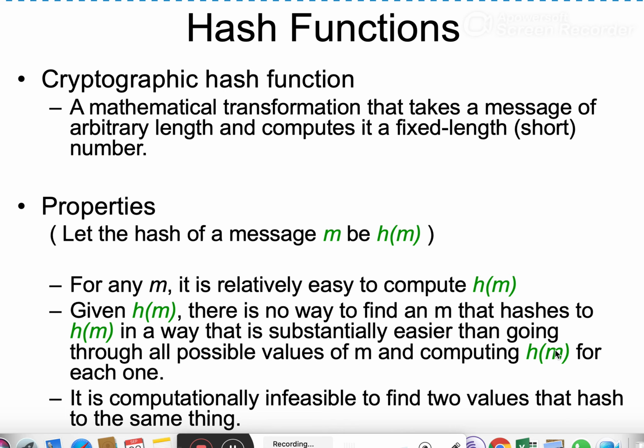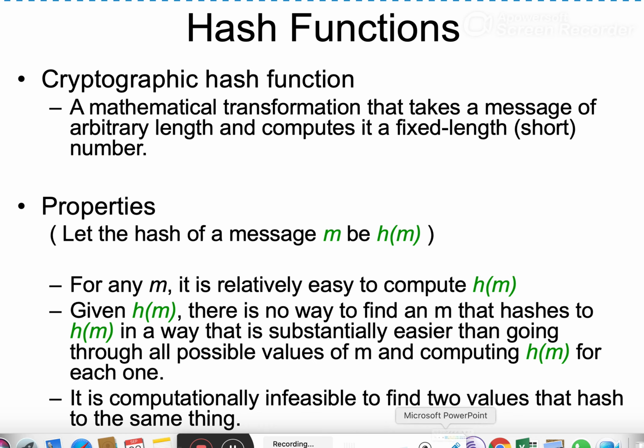So it should be computationally infeasible. When we say computationally infeasible, it doesn't mean that it is impossible. It is possible, but it might take hundreds of years to do so. But with the current computational power, in a reasonable amount of time, you would not be able to find two messages that generate the same hash.